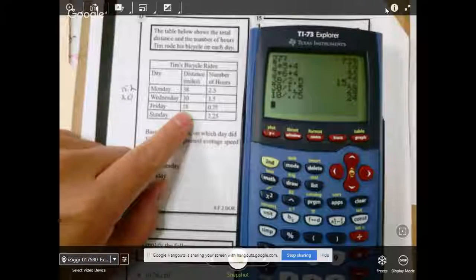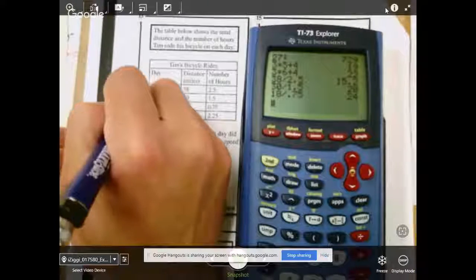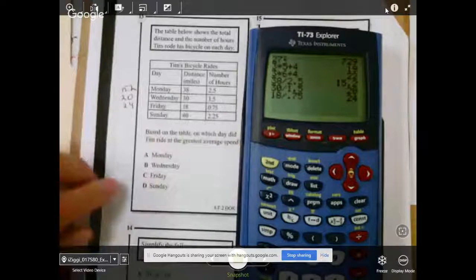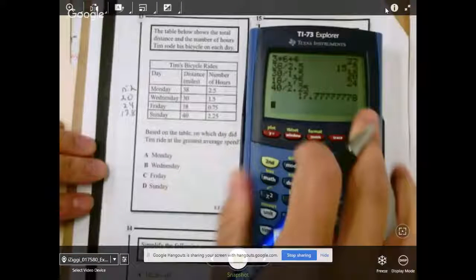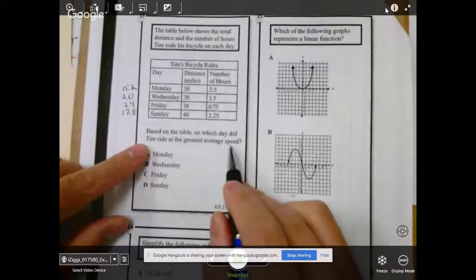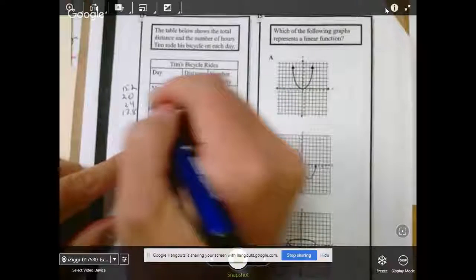Okay. And then on Sunday he did 40 miles in 2.25 hours. That's 17.8 miles per hour. Okay. Based on the table, on which day did Tim ride with the greatest average speed? So it looks like Friday is the greatest average speed. He went 24 miles an hour on Friday.